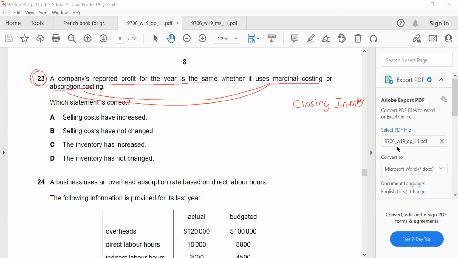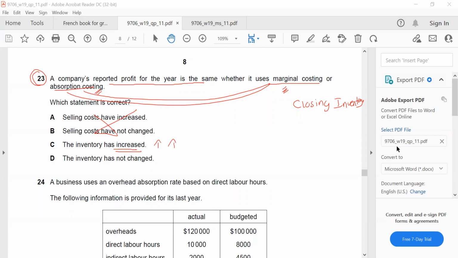Profit for the year is the same whether it is using marginal or absorption. The difference in the profits with the two methods can only be because of inventory. Now if inventory increases, the profit as per absorption costing will also increase, and as per marginal will also increase.